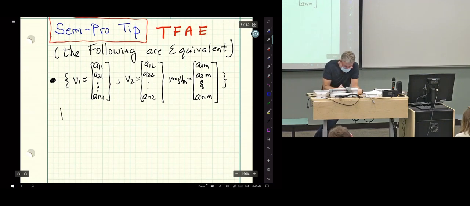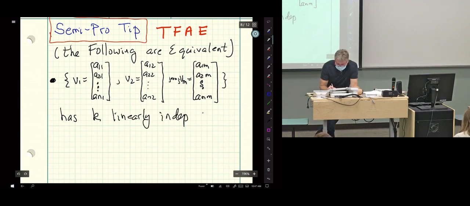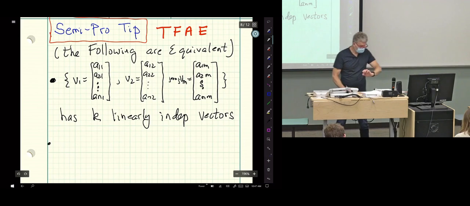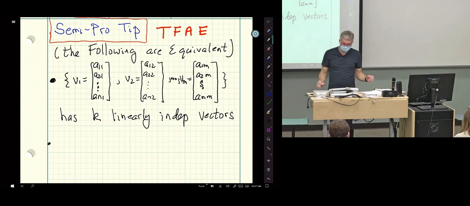This set has k linearly independent vectors, in principle found by working from the left and checking the process we just went through.